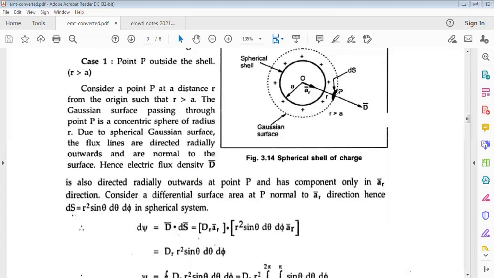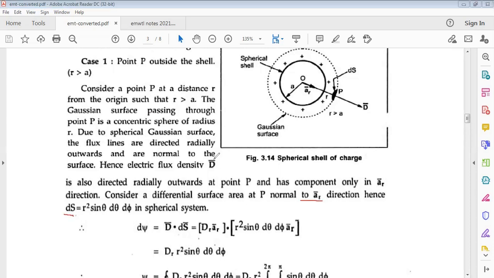On that Gaussian surface we assume a small differential surface at point P to find the D bar or the E bar. The electric flux density D bar is also directed radially outwards at the point P and has a component only in the a_r direction. Consider the differential surface area at point P in the a_r bar direction.